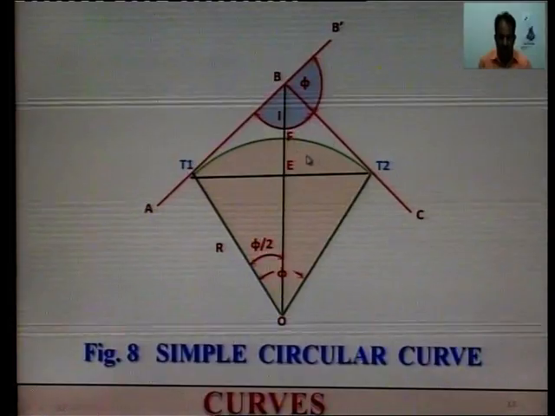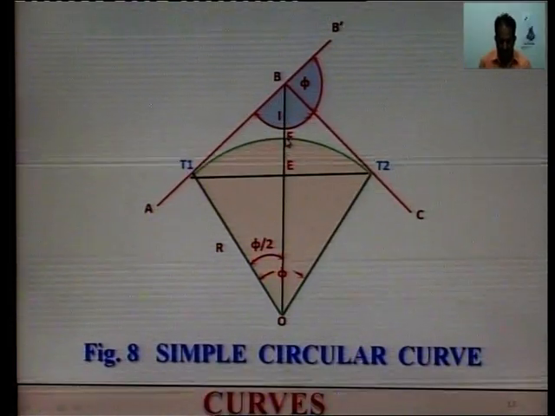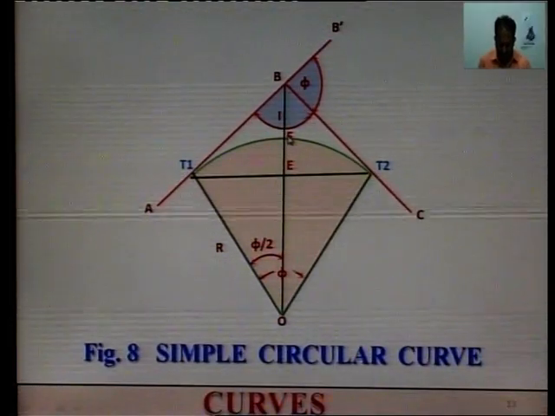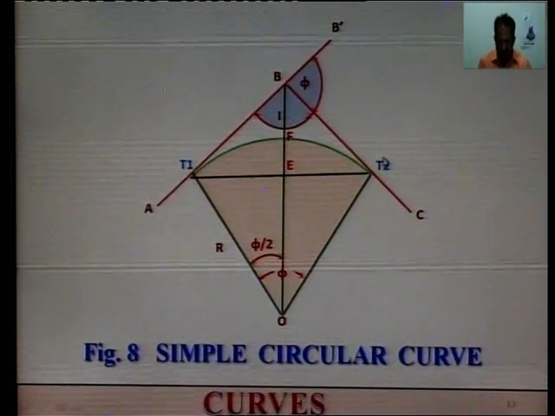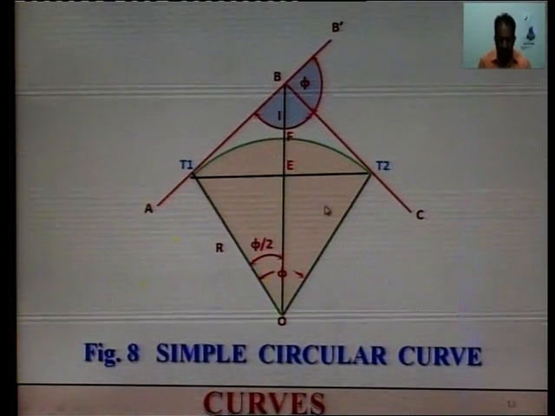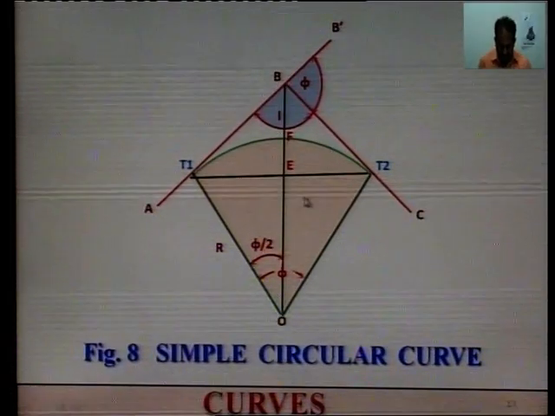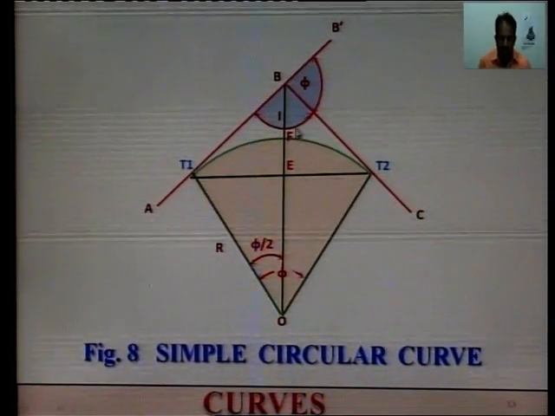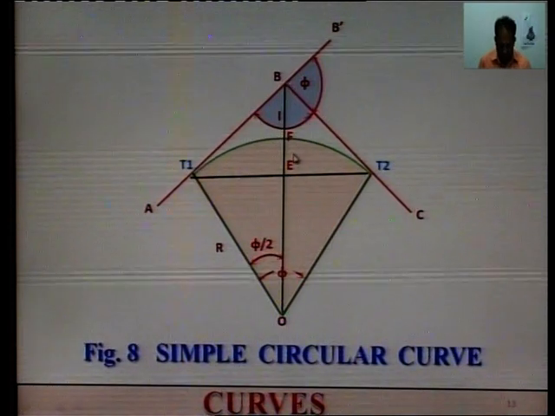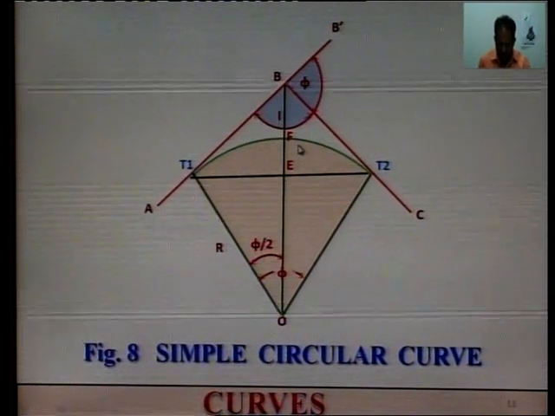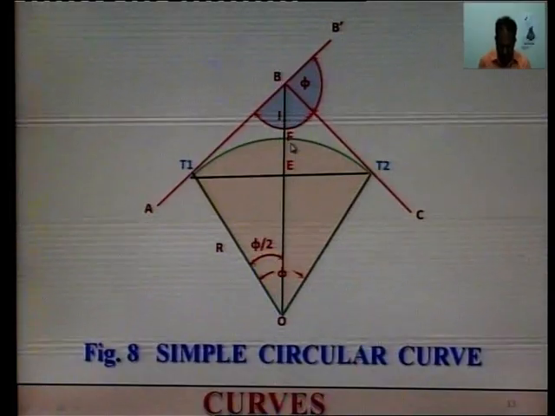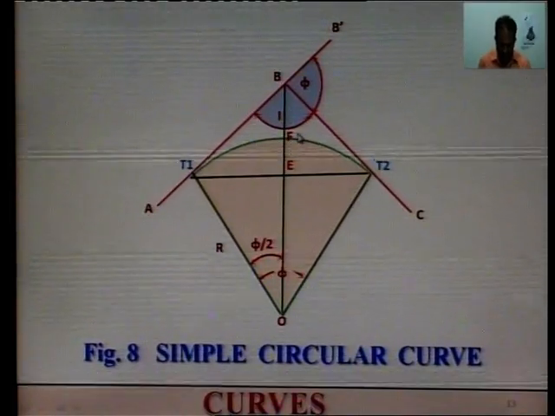Please see on your screen, the midpoint F of the arc T1 F T2 is called the summit or apex of the curve. The distance from the point of intersection B to the apex of the curve F, distance BF, is called the apex distance.